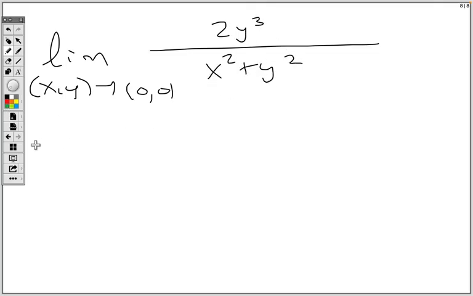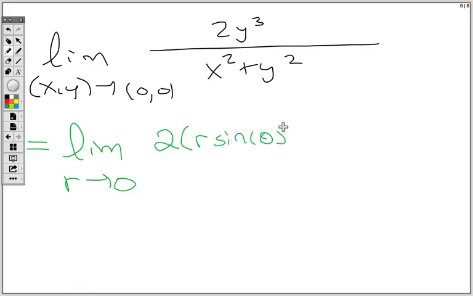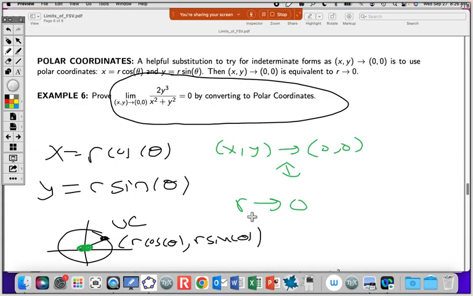If we convert this over to polar, y is r sine of theta. And I guess something we'll note here: what's x squared plus y squared in polar? If we're going on the unit circle, well, actually, it's a circle of radius r.